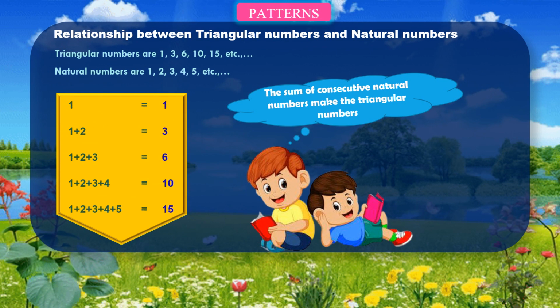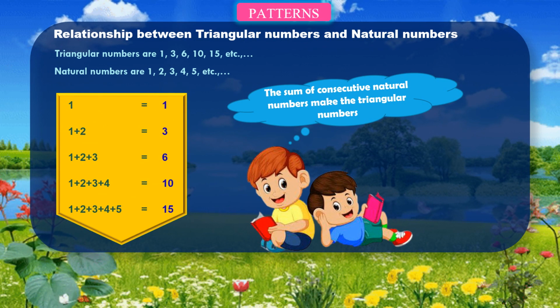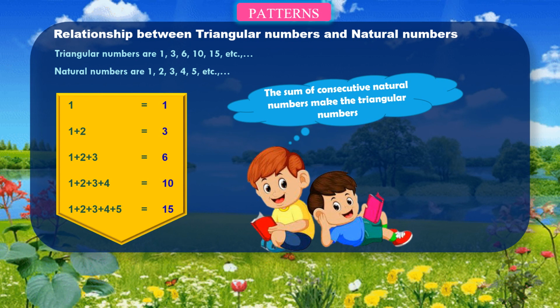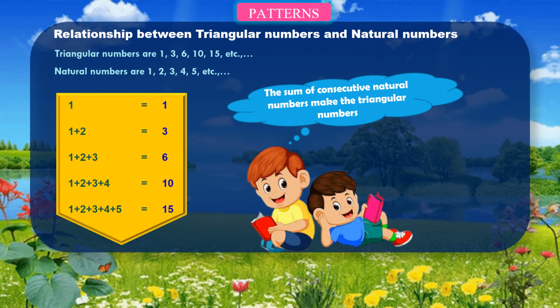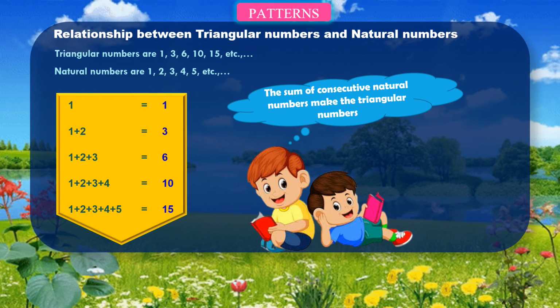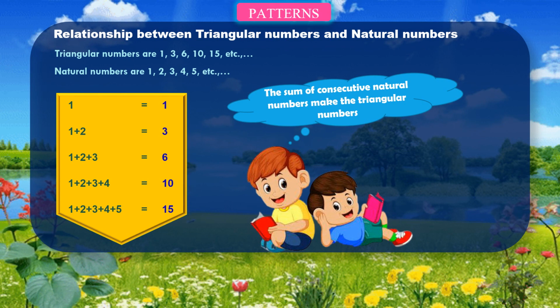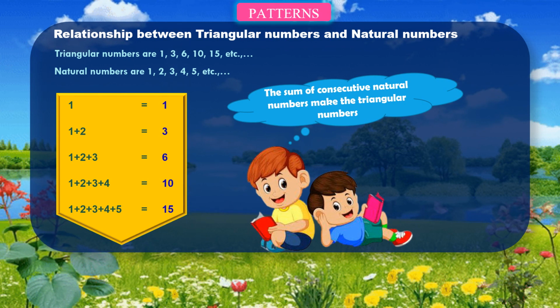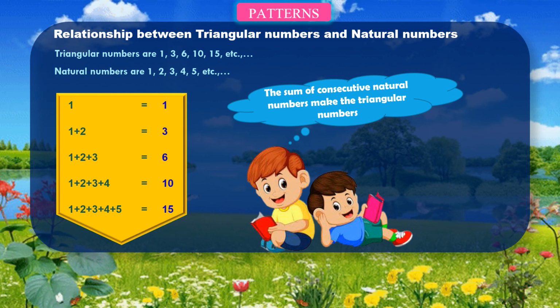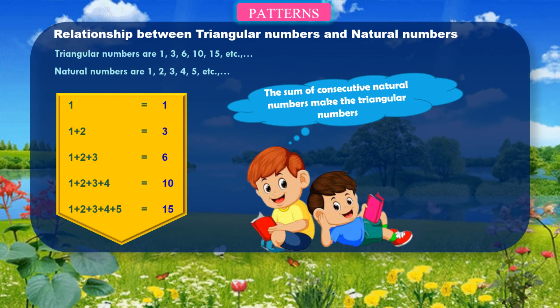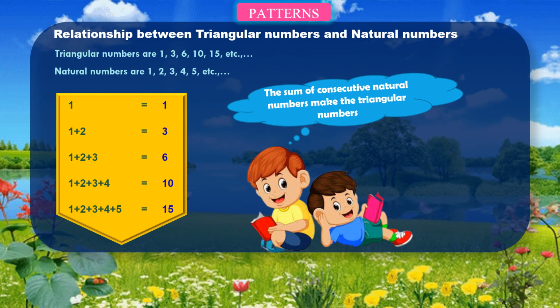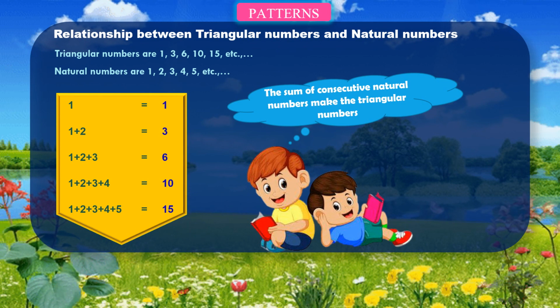Now we are going to make the triangular numbers by using the natural numbers. Here 1 is the first natural number. So 1 is equal to 1. If we add the first two natural numbers, that is 1 plus 2 is equal to 3.